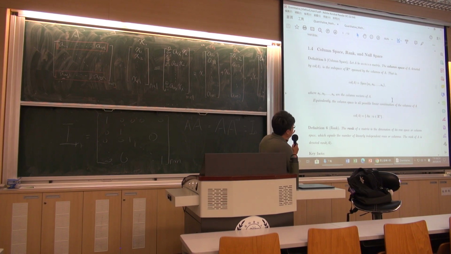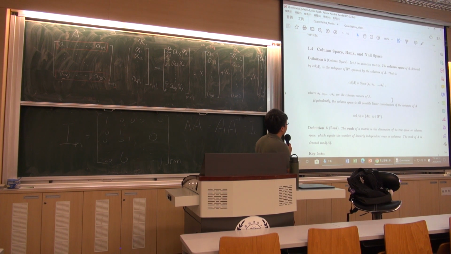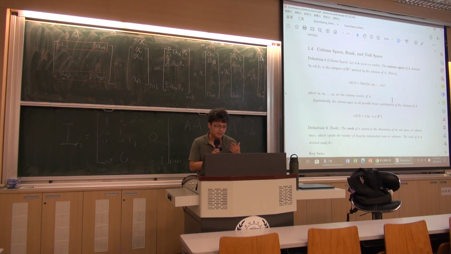The column space of A, which I would denote as col(A), is the subspace spanned by the columns of A. Now, to quickly refresh your memory, what is a subspace?